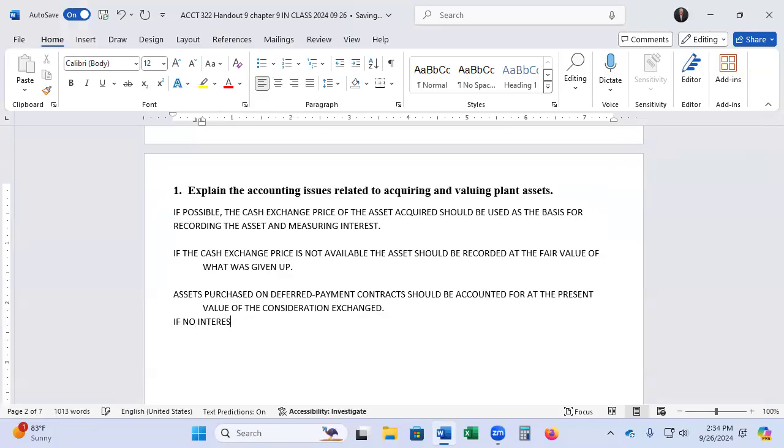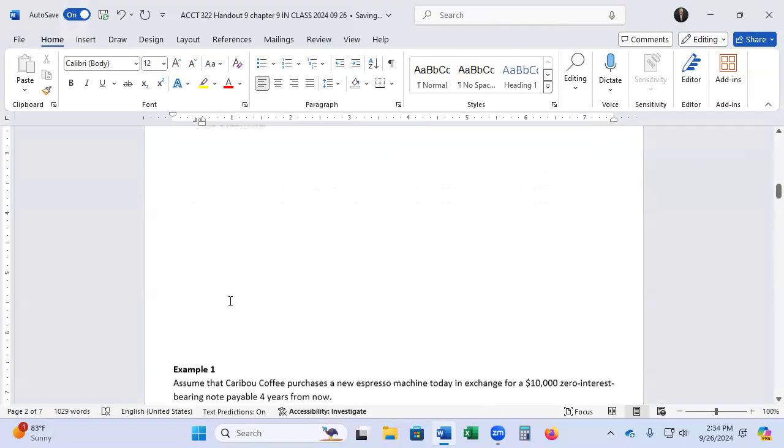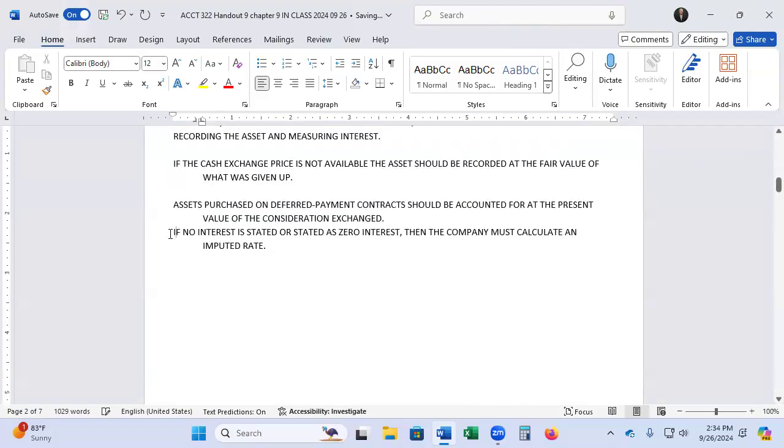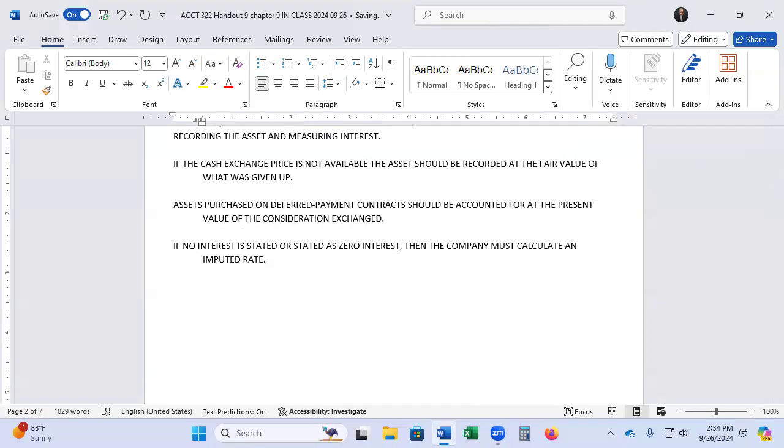If no interest rate is stated or stated as 0 interest, then the company must calculate an imputed rate.